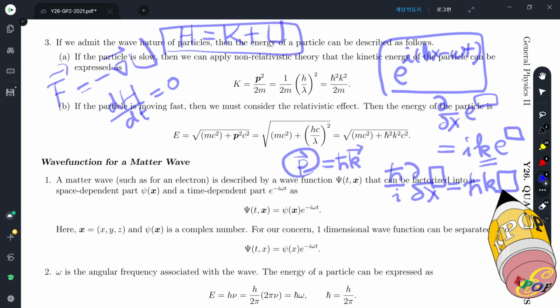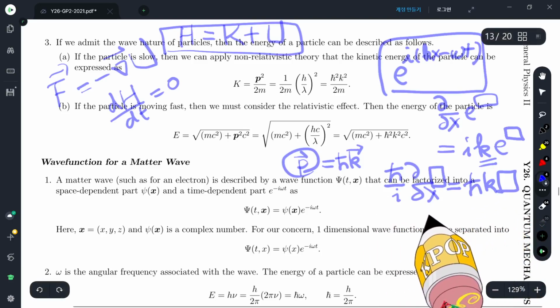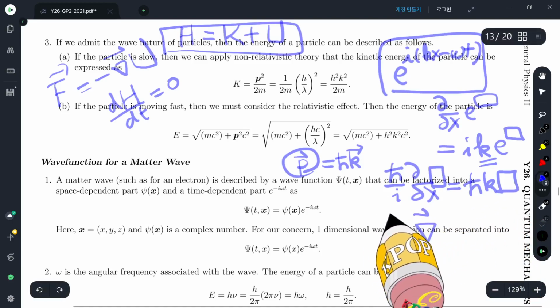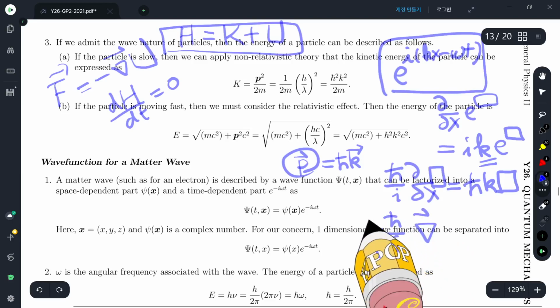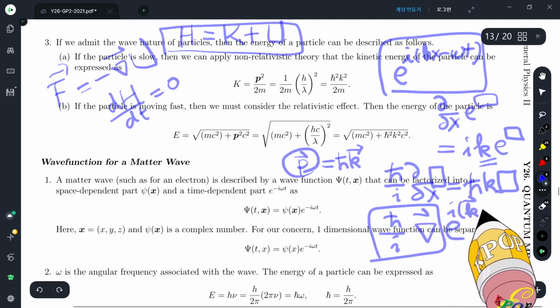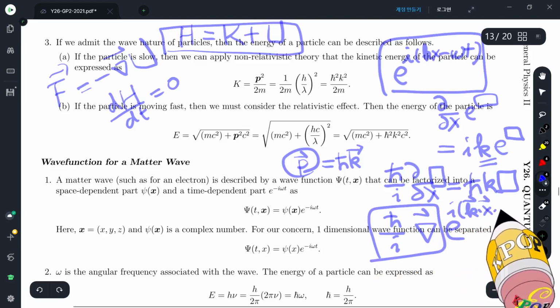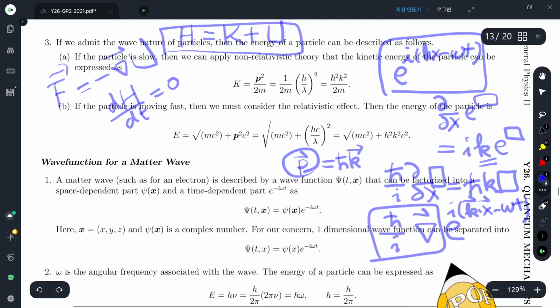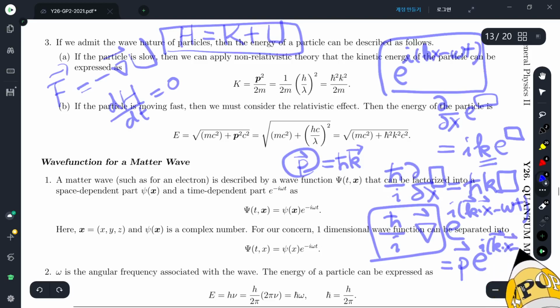This is just for the one-dimensional case. If you consider the three-dimensional case, this can be generalized into the gradient. h bar over i gradient is applied to the plane wave, with the vector k dot x minus omega t. Then what I would get is h bar k vector. So momentum p is obtained for a plane wave case.